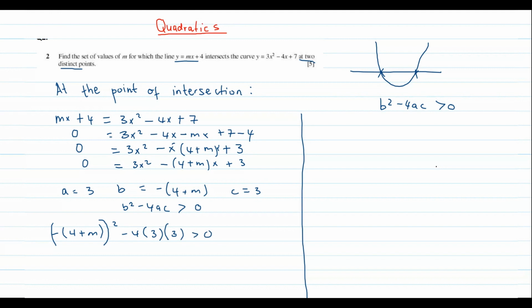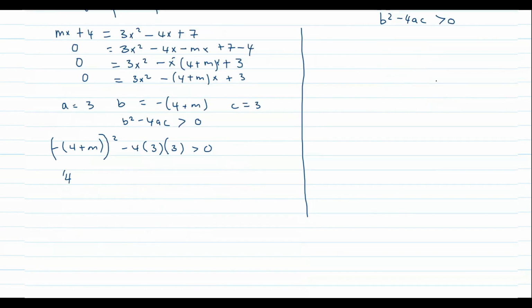Let's simplify this. We get (4 plus m) squared, then minus 4 times 3 times 3, which gives us minus 36, greater than 0.